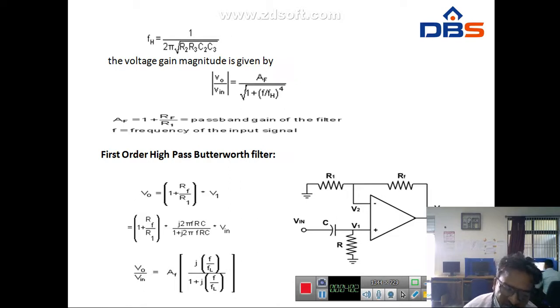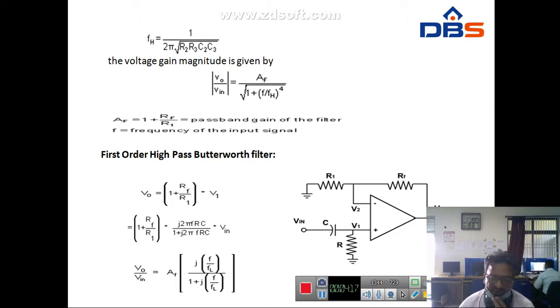That is the difference between the low pass and high pass filter, and V0/Vin is equal to AF times j(f/fL)/(1 + j(f/fL)).